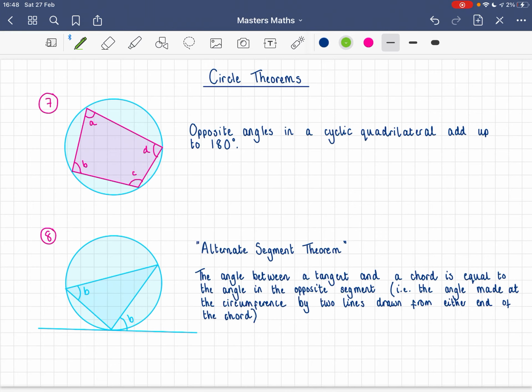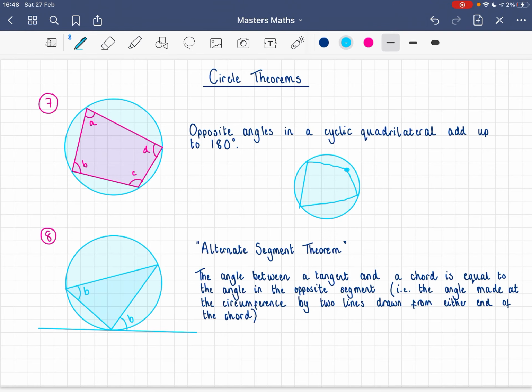What that means is if you have a circle and you create yourself a 4-sided shape within that circle where each of the vertices of your quadrilateral are touching the circumference of your circle, it wouldn't work if, so there's your circle, if I then drew a 4-sided shape like that, because this point here is not on the circumference.